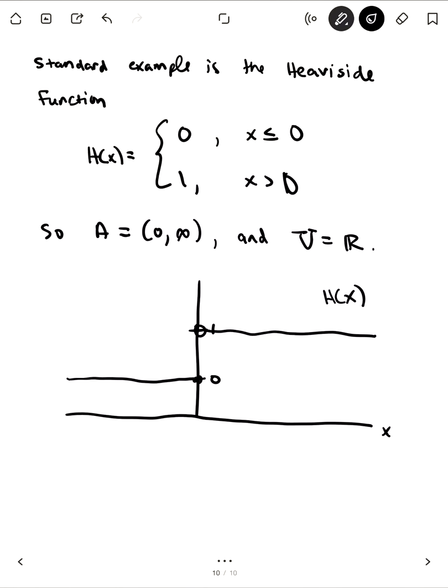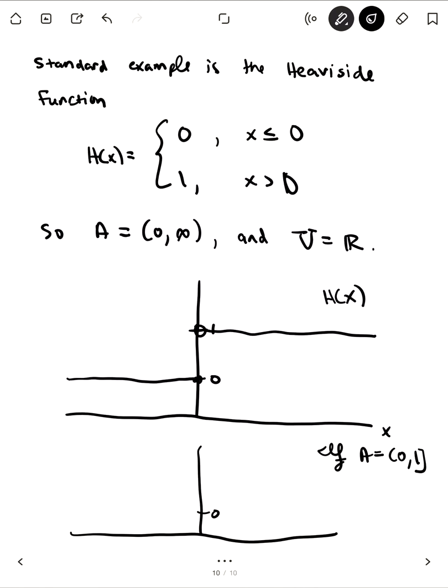If you want the output to be 1 on a very small domain, you can say that I want A to be, say, 0 to 1. In that case, if A equals 0 to 1 inclusive, then you get something like this.